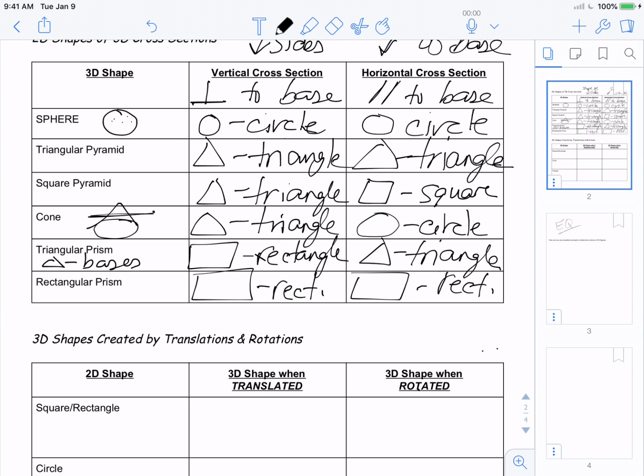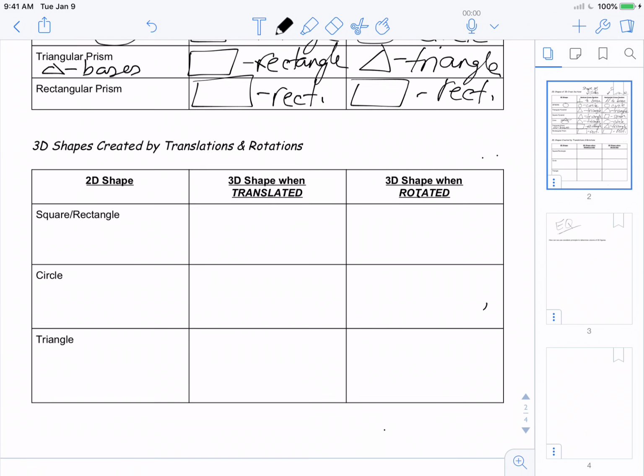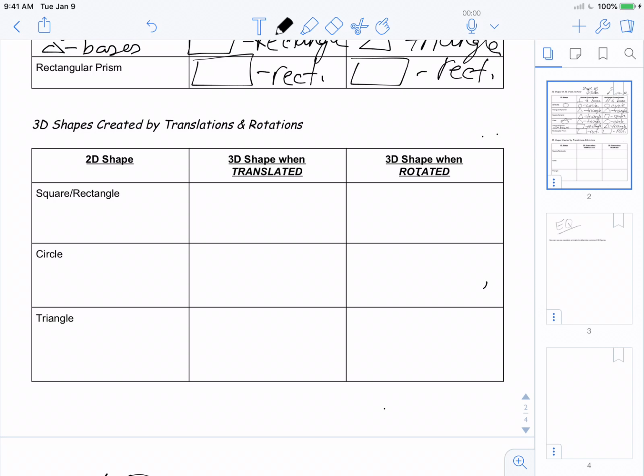All right, last thing. We create three-dimensional shapes by translating and rotating two-dimensional shapes. So let's think back. A translation is a slide. A rotation is a turn.